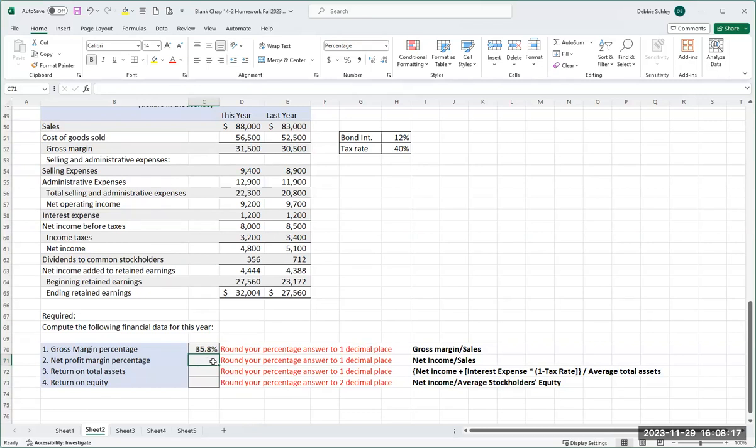Net profit margin percentage is net income divided by sales, so equals, let me see, I want to make sure I pick the right net income.